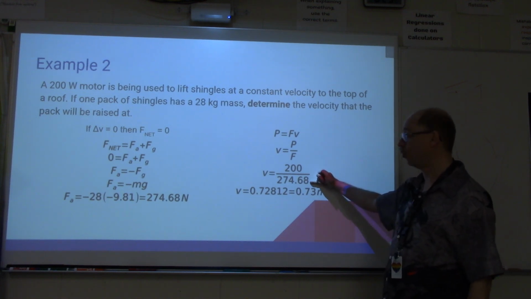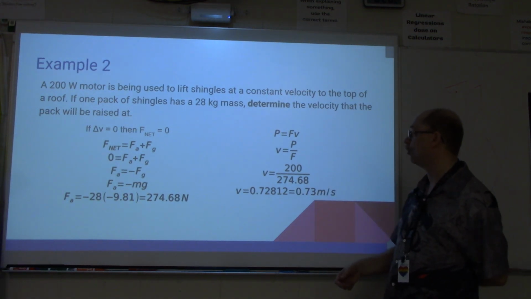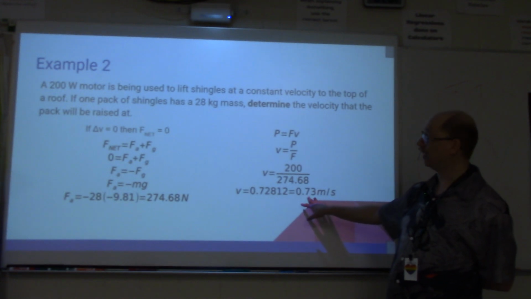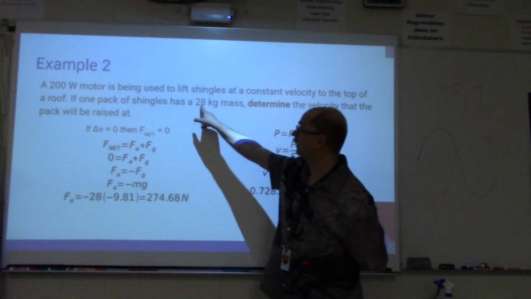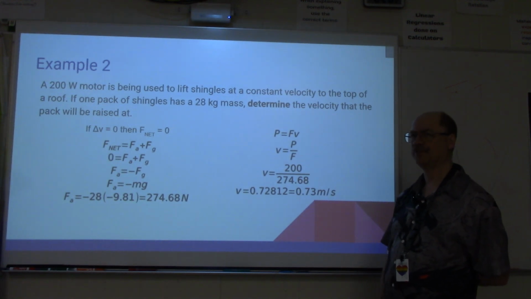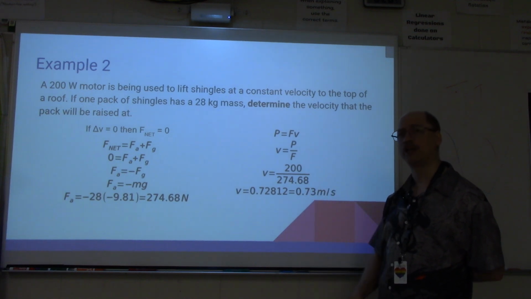I've got the force that's being applied in order to do this, 274.68. The velocity, after rounding off for sig digs, is 0.73 meters per second. It doesn't seem that fast, but if you're actually lifting up shingles, that's good enough for getting stuff up to the top of a roof pretty quickly.